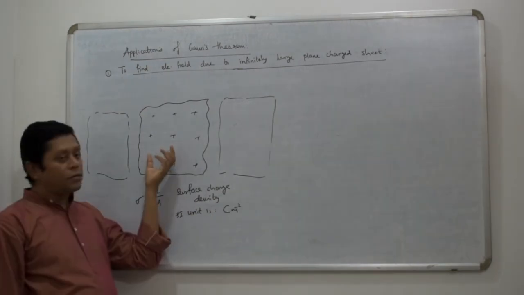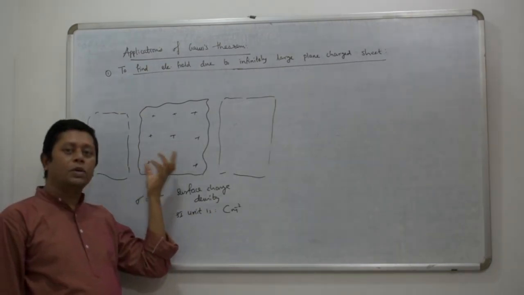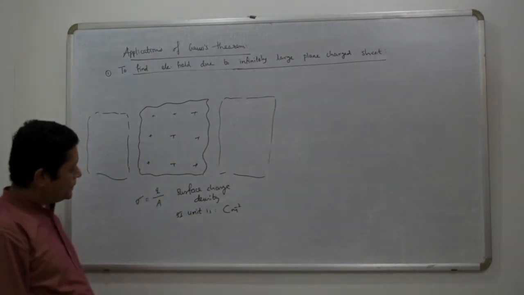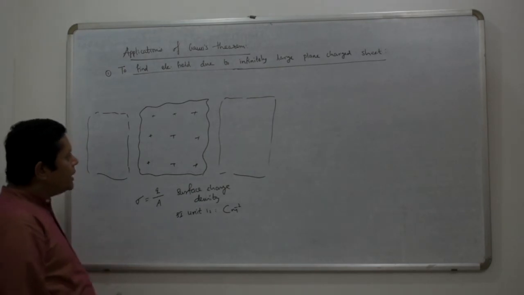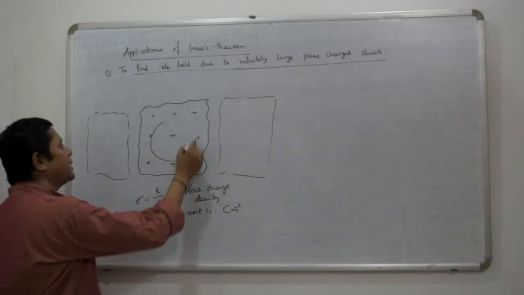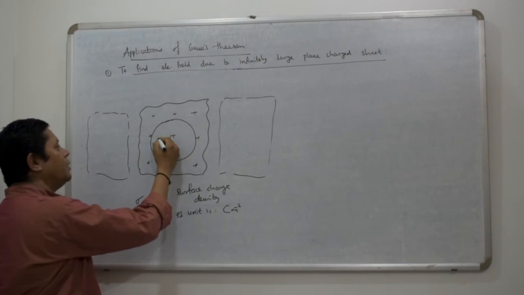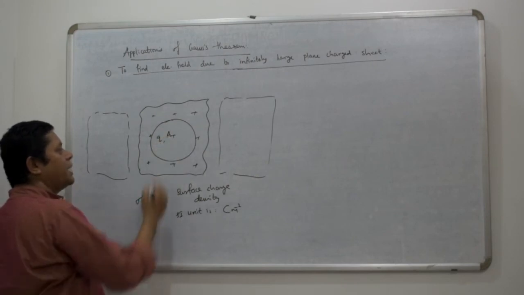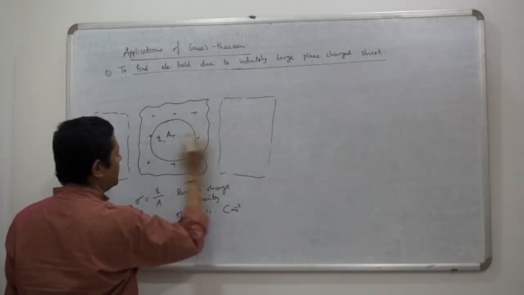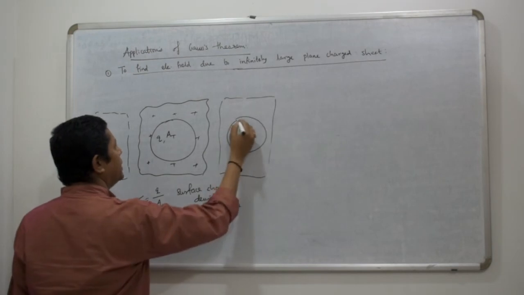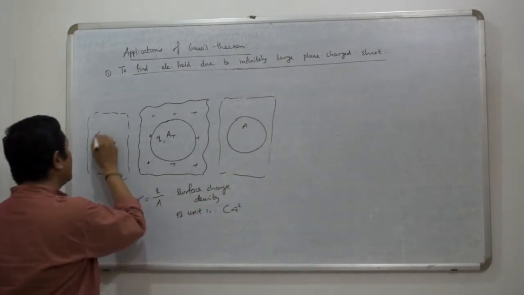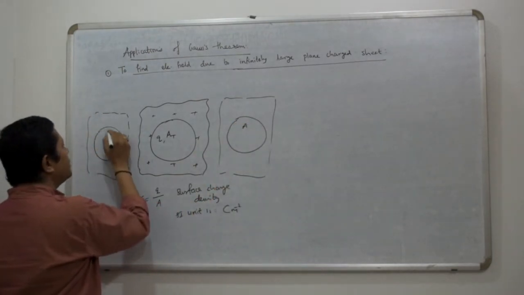If you can enclose this charge like that, then let us consider a certain part of this surface, let's say surface area A, on which charge is Q. Accordingly, the Gaussian surface area here is A, and here also the Gaussian surface area is A.